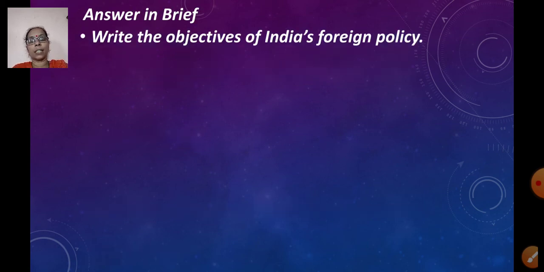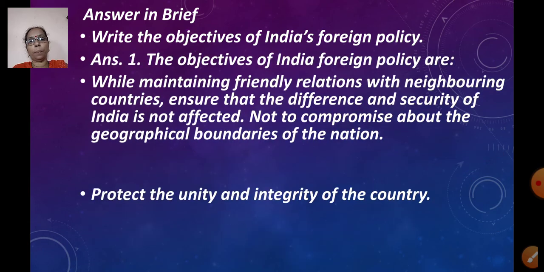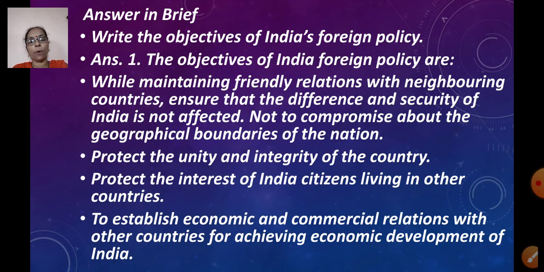Write the objectives of India's foreign policy. Whatever points are mentioned, you will all need to type out those points, the answer correctly. So in this way, children, we have revised the second lesson of political science.